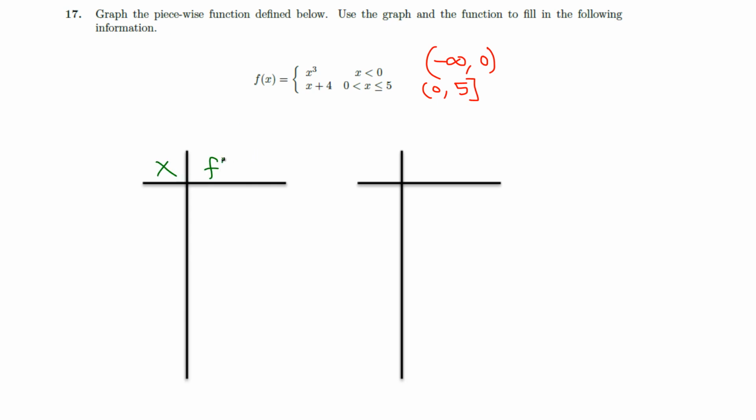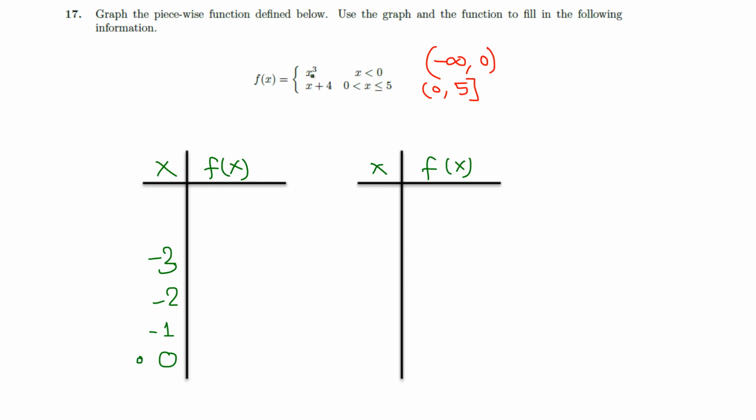So x, f(x). For the first domain, we have a lot of values, negative infinity through 0. Maybe let's take negative 3, negative 2, negative 1, and 0. 0 is not included, so I'm going to put a circle next to it at 0.